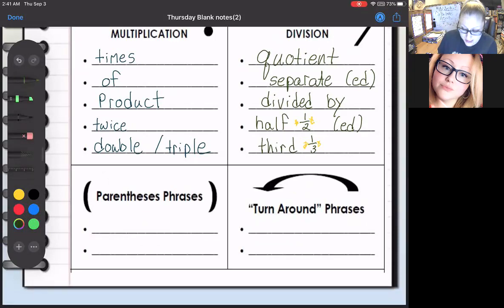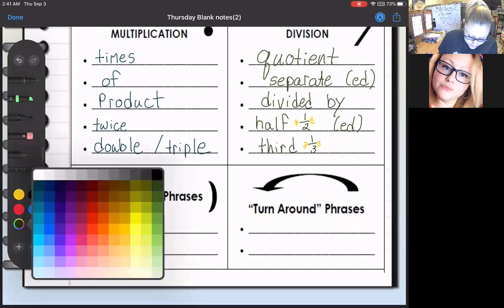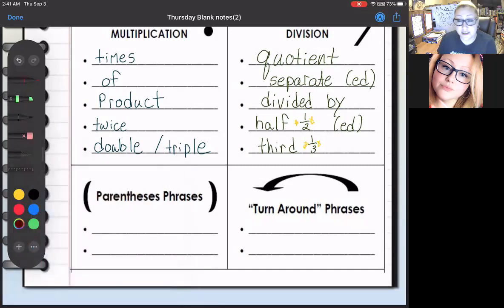So the words that they use for parentheses, usually they look like this. It'll say times "the sum of." Quotation, okay? Quotations. Usually you're going to see the sum of.